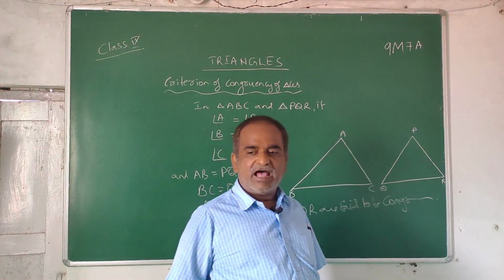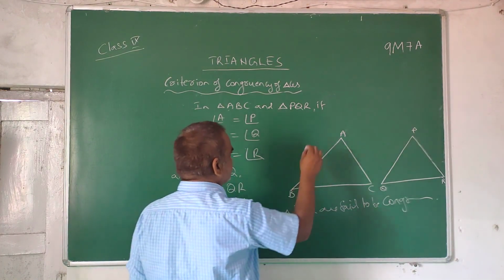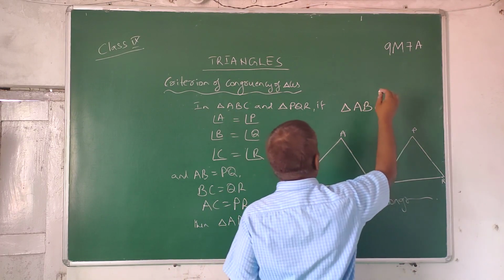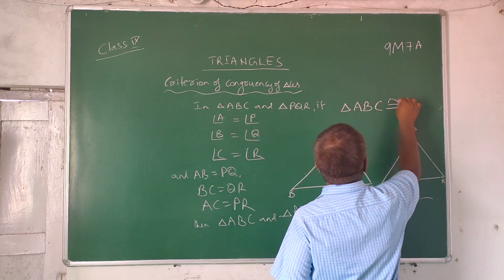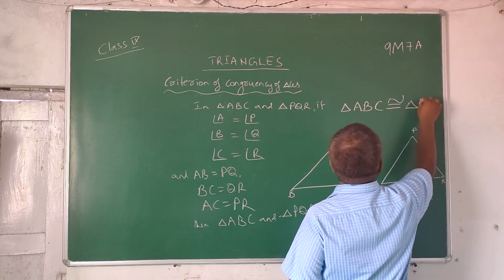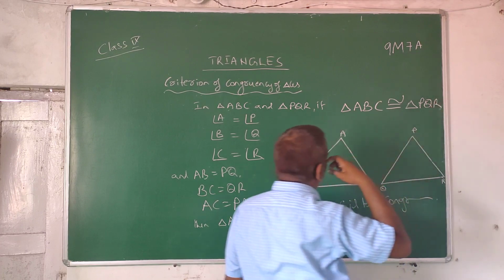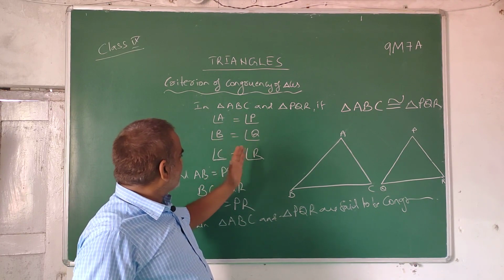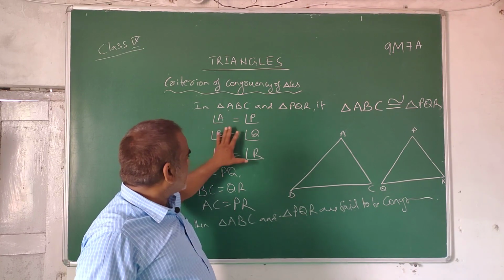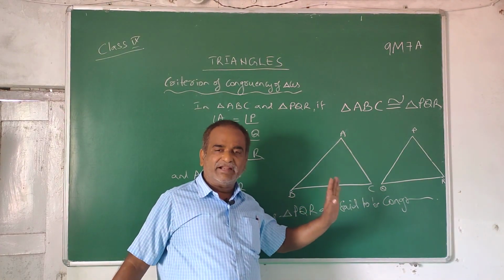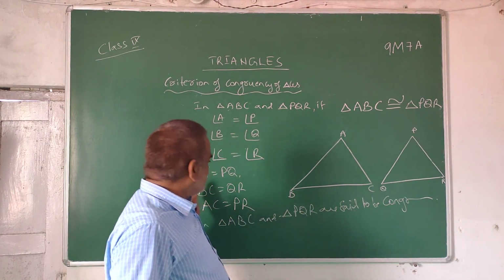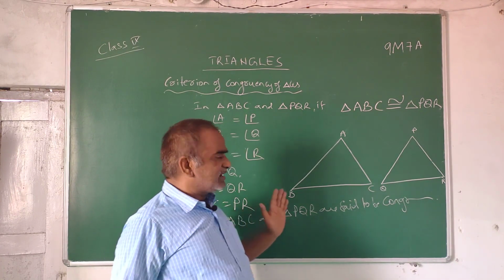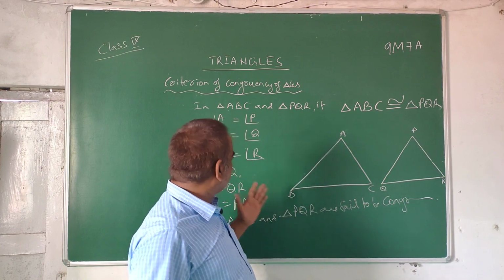How do you express congruency using notation? Using notation, you express the congruency between the two triangles as triangle ABC is congruent to triangle PQR. And angle A and angle P, angle B and angle Q, angle C and angle R are called corresponding parts of congruent triangles. Similarly, sides AB and PQ, BC and QR, AC and PR are also corresponding parts of the two congruent triangles.